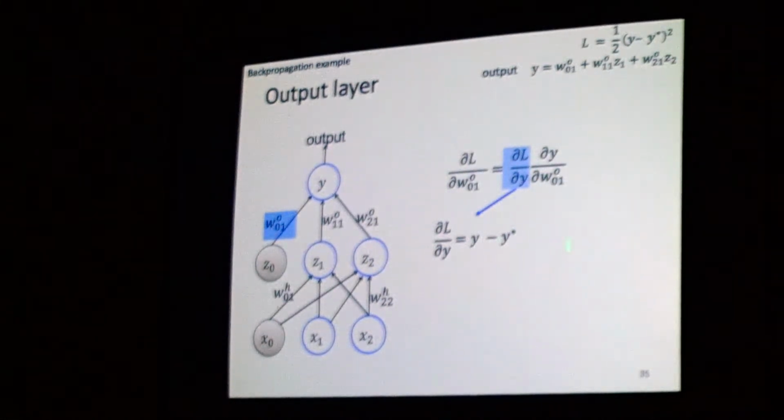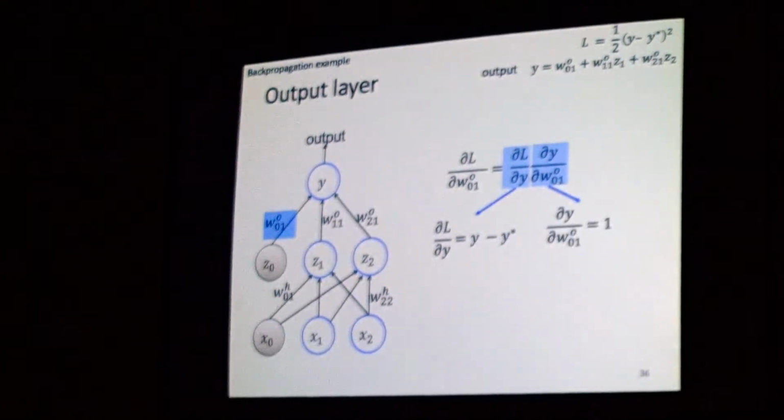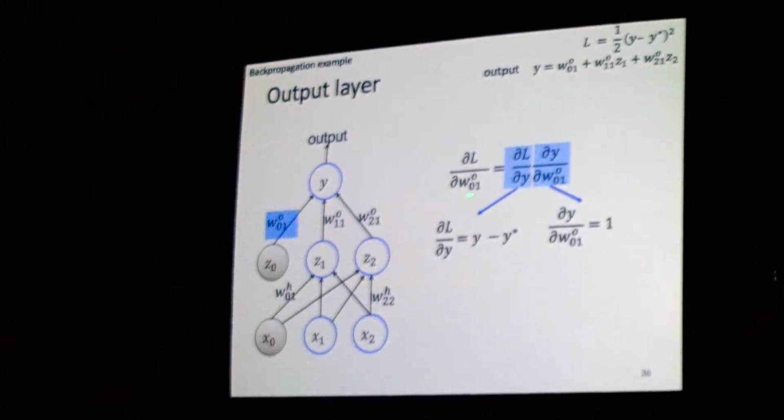And then, what is partial y over partial W010? It is 1. Remember, it connects to z0, but z0 is the bias, a constant, the number 1. So this looks quite easy. We immediately get partial L over partial W010, and now we just multiply these results together.